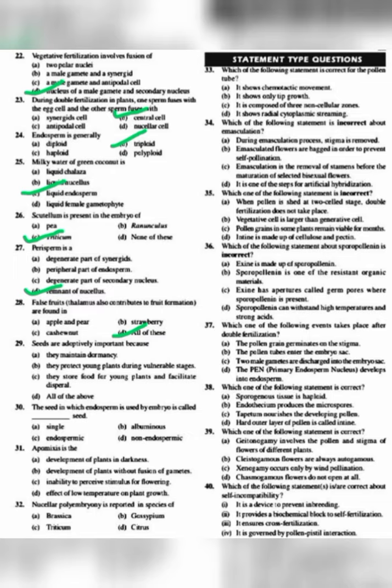Number 29, seeds are adaptively important because A, they maintain dormancy, B, they protect young plants during vulnerable stages, C, they store food for young plants and facilitate dispersal, D, all of the above. So 29, what do we know about this one? Seeds can remain dormant for many years and germinate on return of favorable conditions. Reproductive process is not dependent on water.